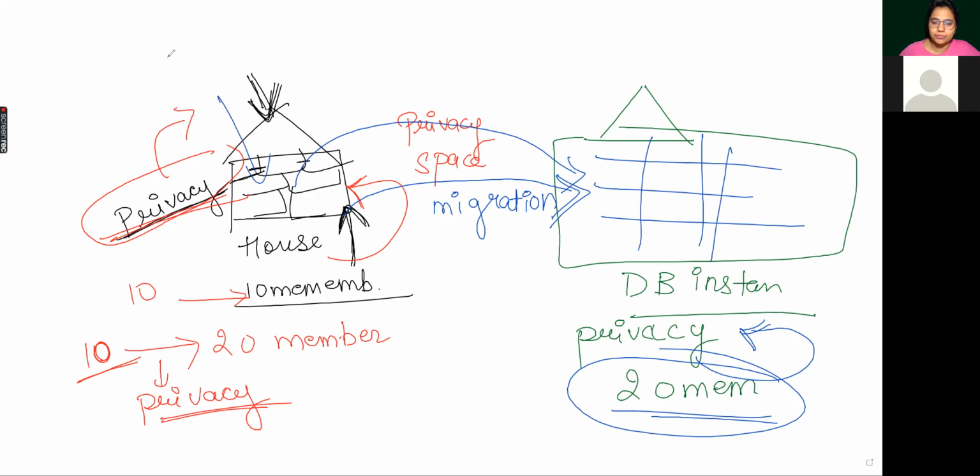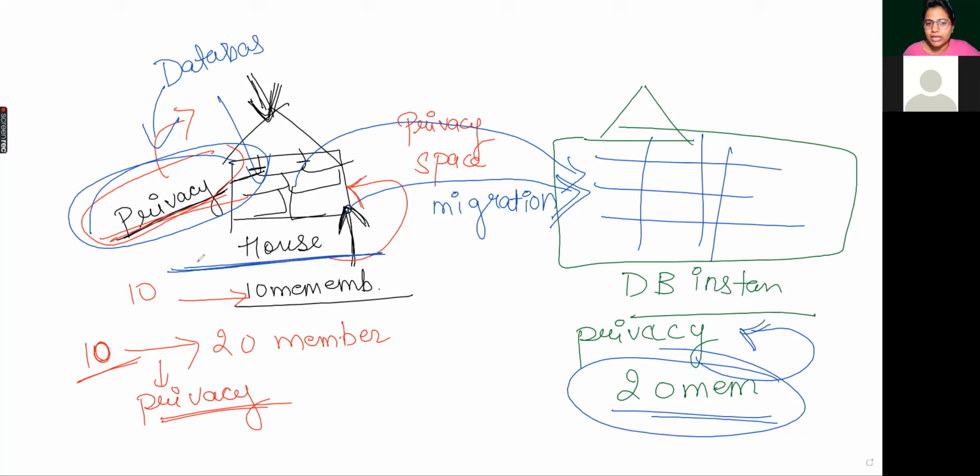Inside this database, earlier we did not know that we would have an issue of privacy, but suddenly some cases happen, and now our database requires privacy. So we can't change the privacy policy of an already built house, or built data, you can say EC2 instance.